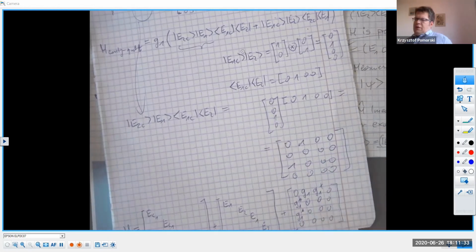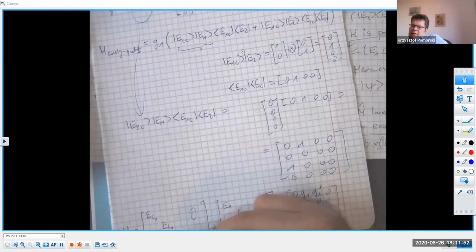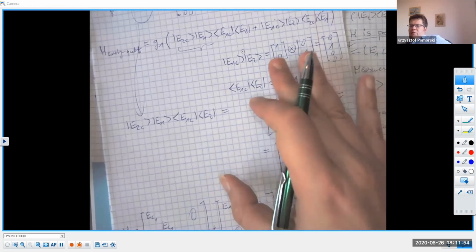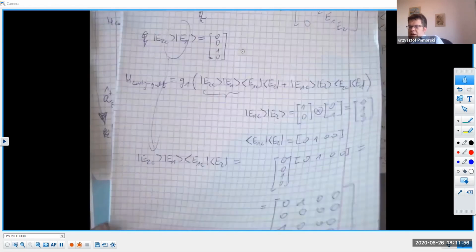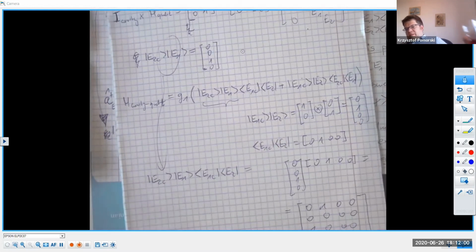Yeah, so this is our interaction of matter and radiation that needs to be translated in greater detail. What is important is that if we compute the eigenstates of such a matrix, these eigenstates will be entangled states.